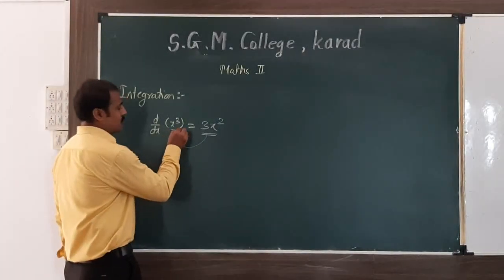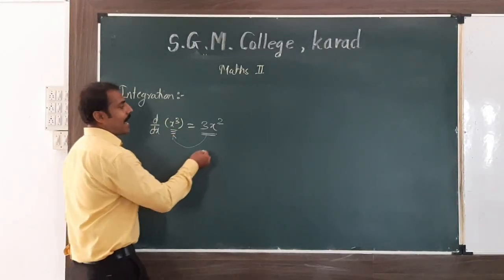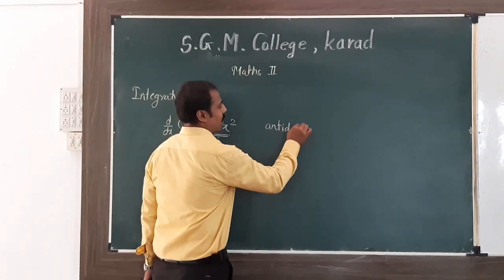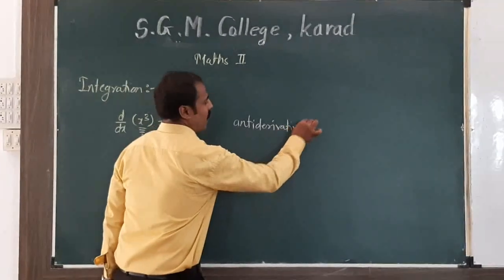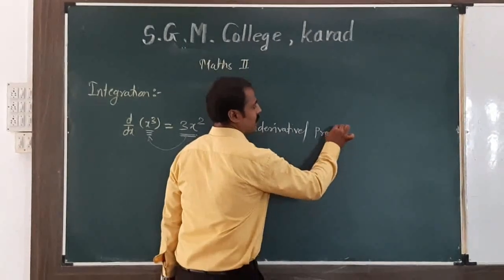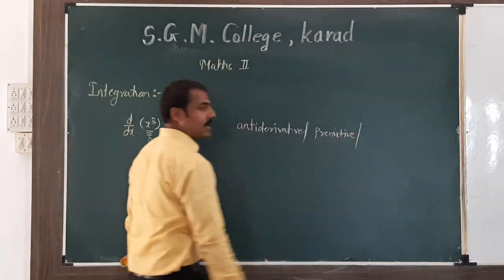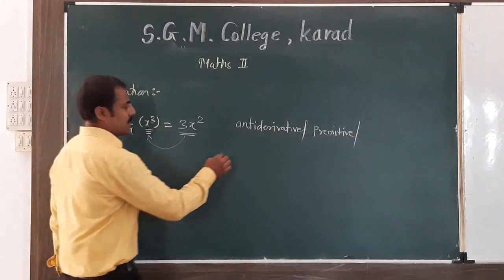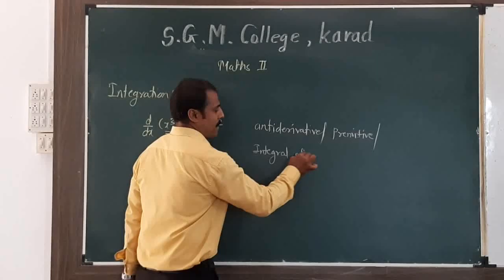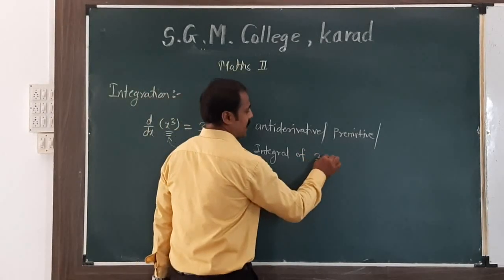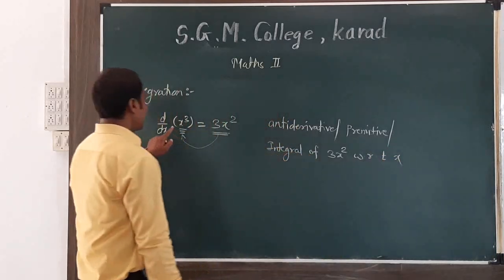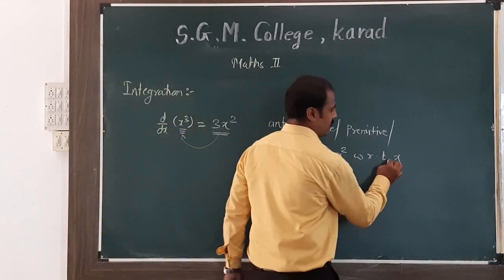So that x cube is called an antiderivative, or primitive, or it is also called the integral of 3x square with respect to x, that is x cube.